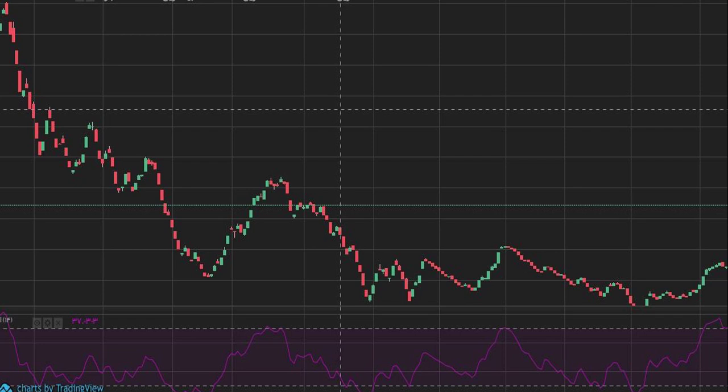I am showing you this to help you become more experienced with this indicator. For example, here we have two types of buying signal. One of them is that the indicator line has crossed the 30 line, so it is a buying signal.